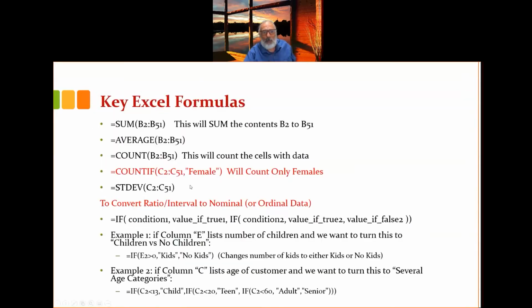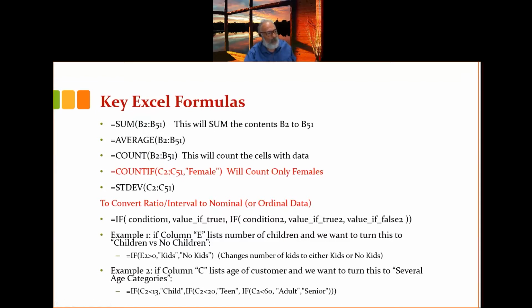If we want to get the standard deviation, we can use this function. We could also convert some of the ratios or the numbers into nominal data. So I'll give an example here.